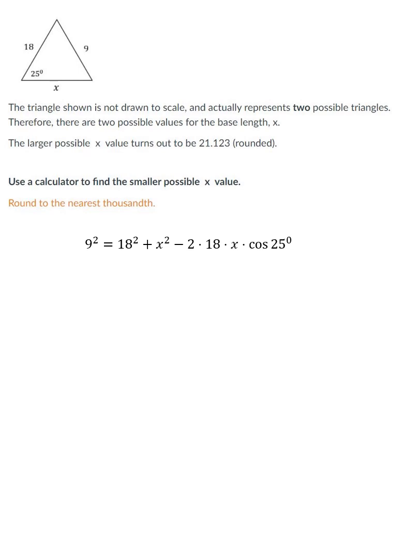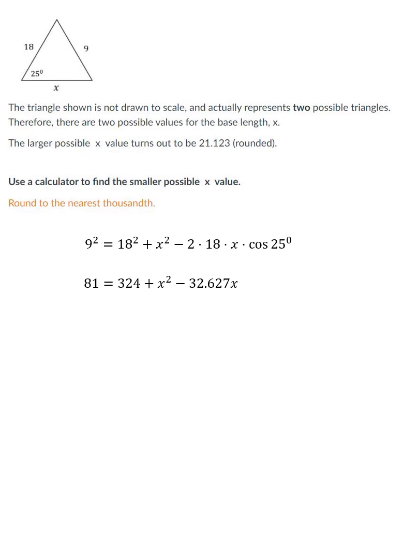This equation right here, once we know the cosine of 25 is some decimal, which it is, and the calculator can approximate that for us, knowing that, this is essentially an 8th grade math problem. So I took a calculator, I figured out the cosine of 25. I don't remember the decimal that it was, but I multiplied that by 2 times 18, and I got this equation.